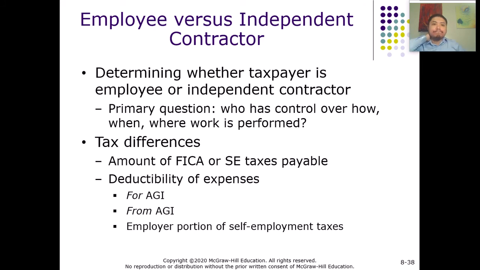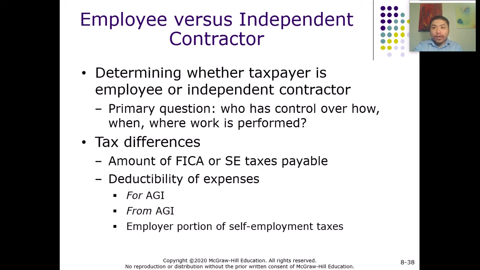So what happens when an employee is a contractor of the firm? Sometimes it's kind of fuzzy to determine whether the taxpayer is an employee of a company or an independent contractor of that company.